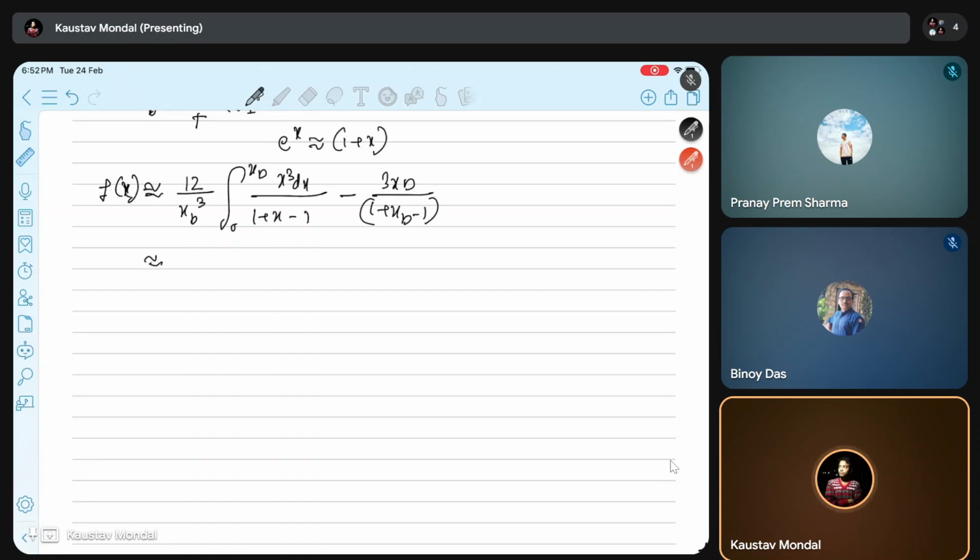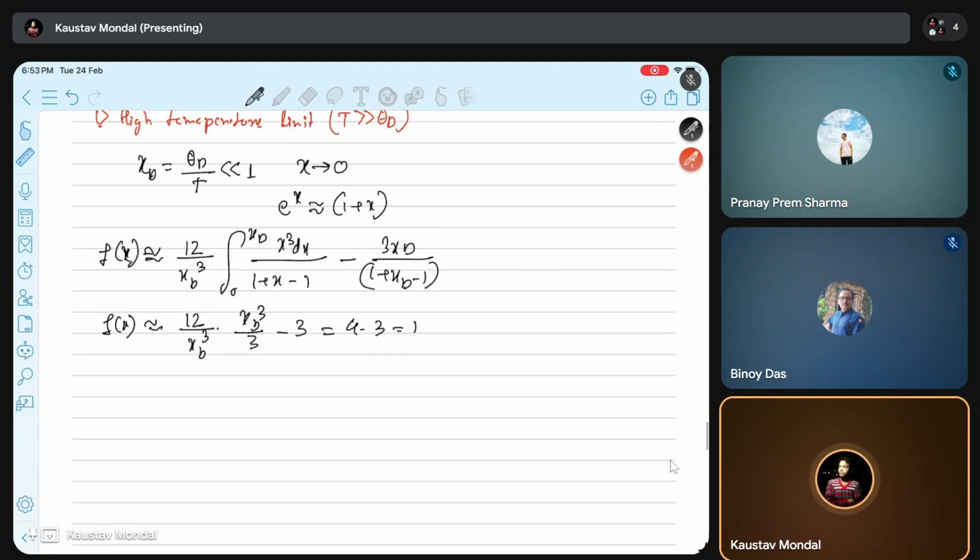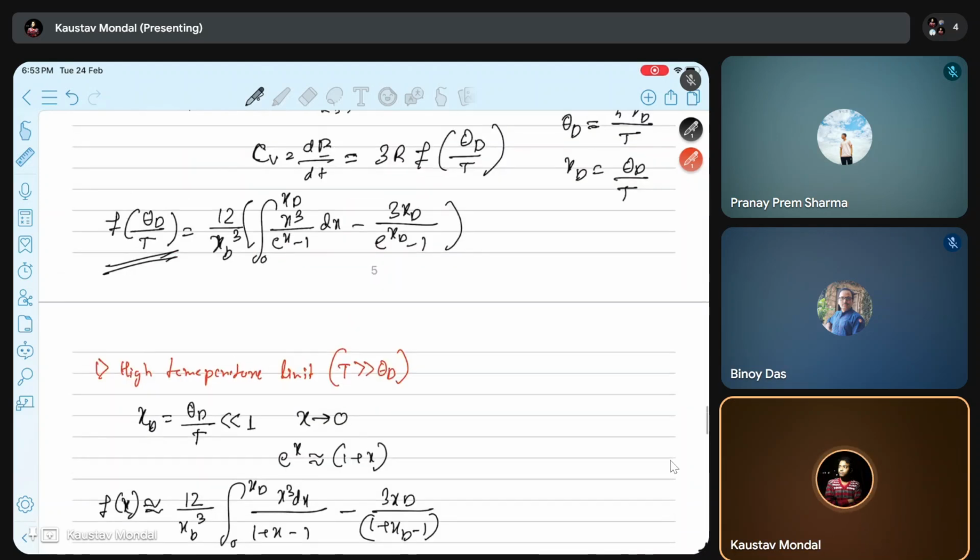So it will become 12 xD cube into xD cube by 3 minus 3. So it will become 4 minus 3 equal to 1. So f(xD) basically becomes 1. So that means f(xD) is 1.